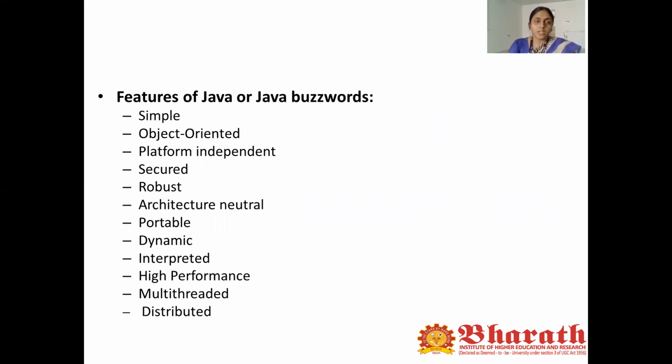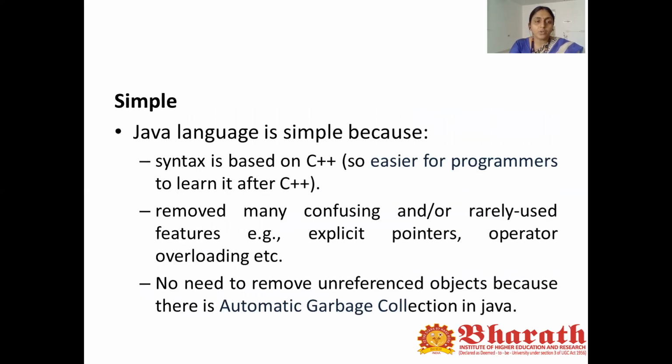And now we will see the features of Java, which we can also call Java buzzwords. The first feature we will see is called simple. Java language is simple because the syntax is based on C++. So programmers who have learned C and C++ will find it easy to learn Java.